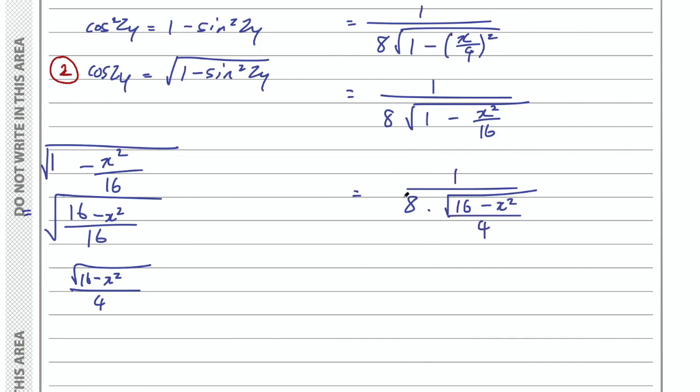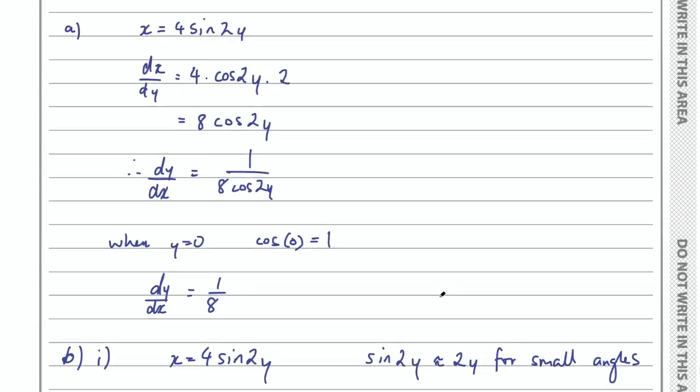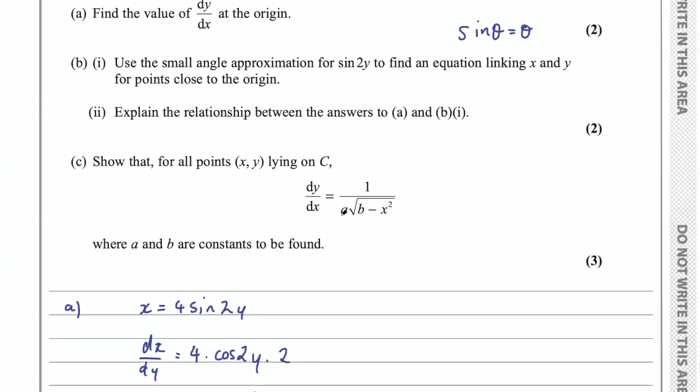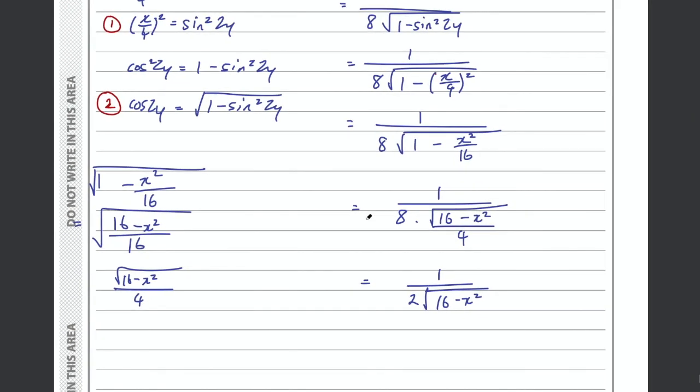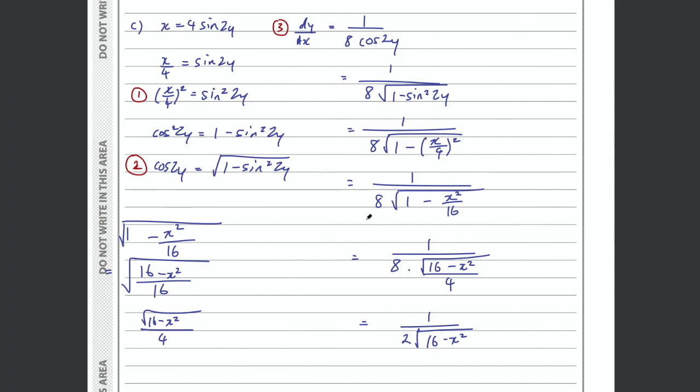That 8 divided by 4 would be 2, so this simplifies to 1 over 2 root 16 take x squared. And that is in the form they wanted us to have it, so a would be 2 and b would be 16. That is the more complicated version, not using the derivative of the arcsine function.